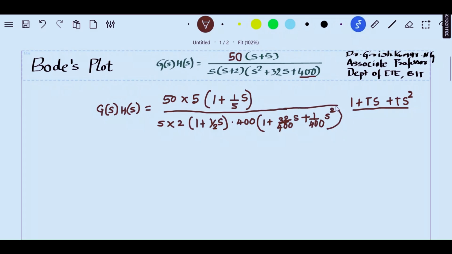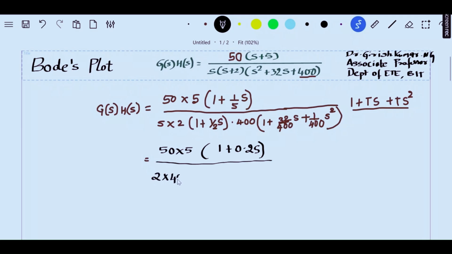Now we need to take all these constant terms and keep all other terms separately. So I'll take 50 into 5 separately, and then I'll write 1 plus 0.1 divided by... 1 by 5 is 0.2, yes, so 1 plus 0.2 s, divided by, I'll take 2 into 400 separately.